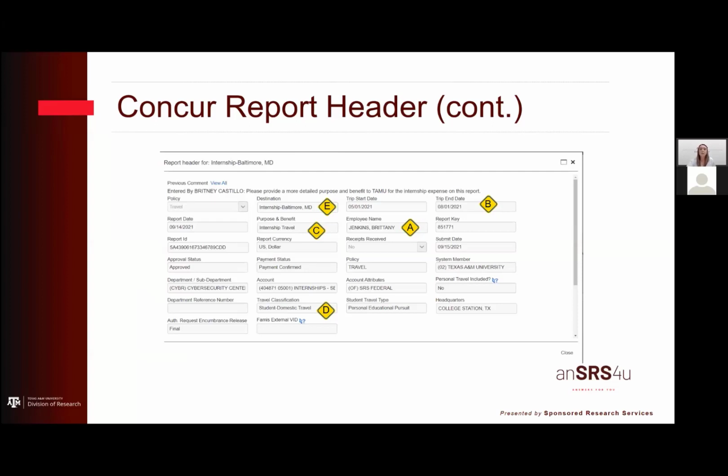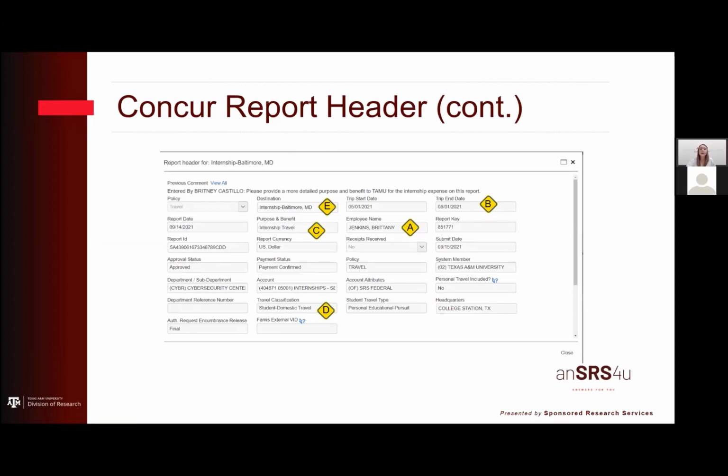So like I mentioned, the employee name, so who's actually traveling. And so what we're looking for here is what is this person's role on the project? Are they paid on the project? If this is a non-TAMU employee, then we're looking for this famous external VID, which will show that this is another person outside of TAMU.